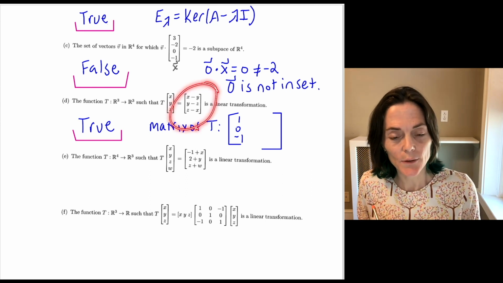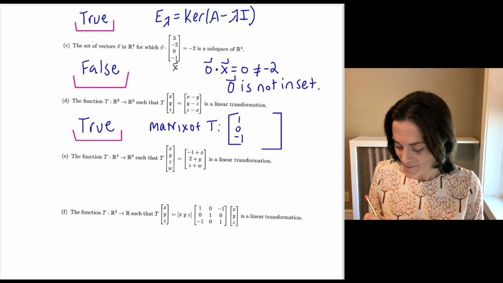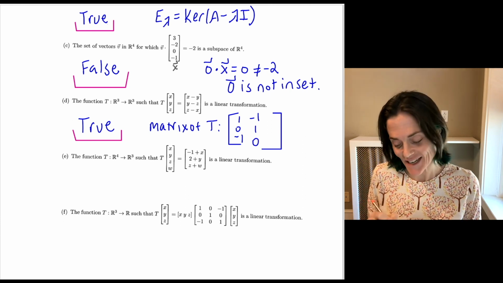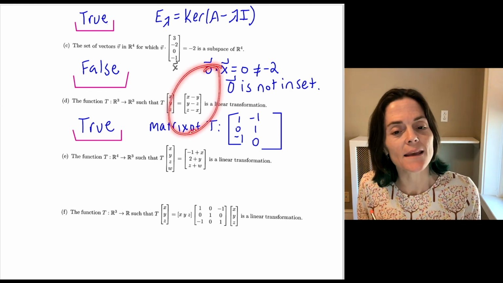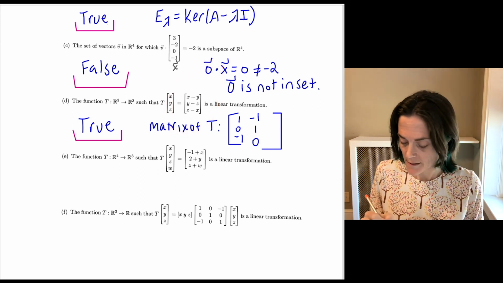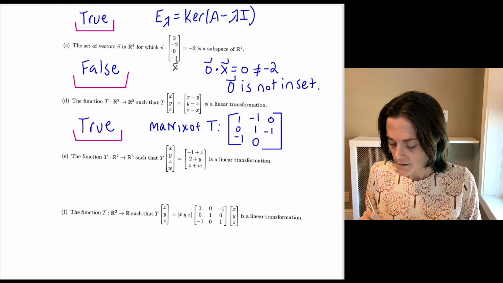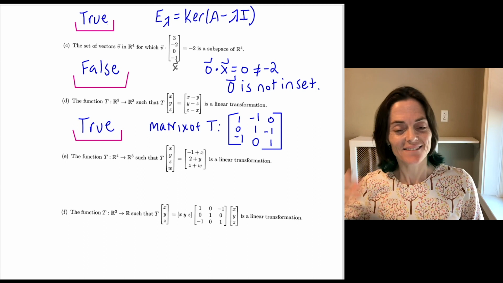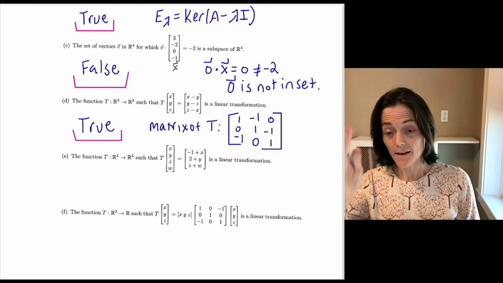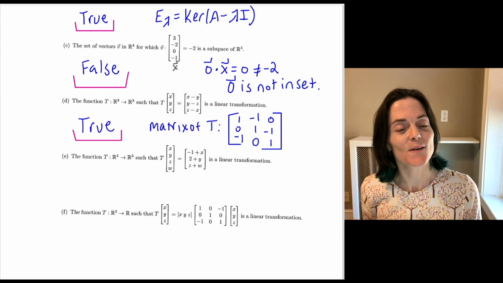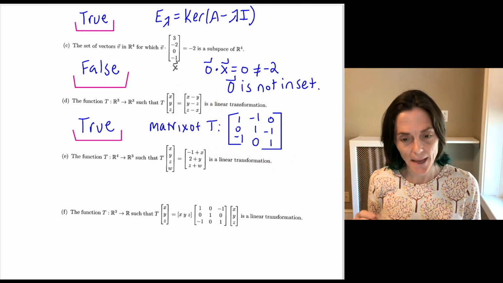Evaluate at E2, we have -1, 1, 0. That's the second column of the matrix. Then we evaluate at E3. We have 0, -1, 1. Well, we have a matrix such that A, if I call this A, times X is this formula. You can check. And so this justifies we have a linear transformation.